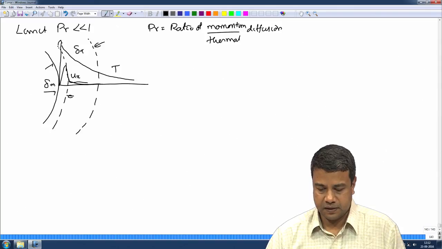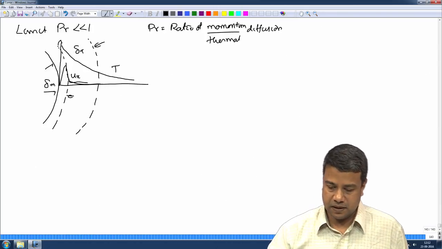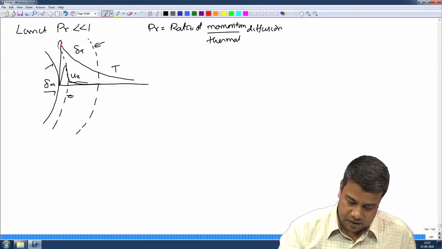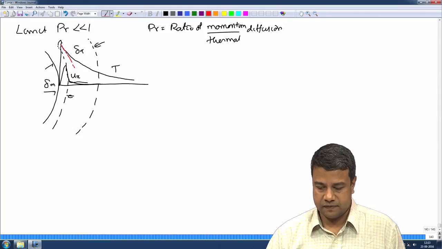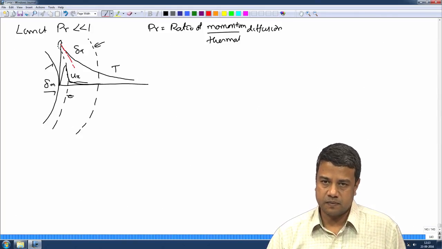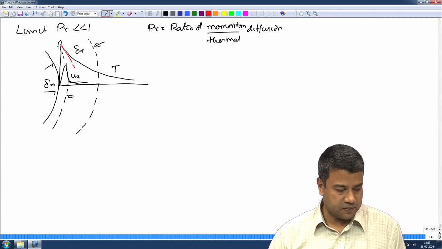So, in that case, what would you expect? We need to find out the heat flux at the surface. So, we need to know basically the slope of this temperature field at the surface itself. The slope for this temperature field is determined from the temperature equation.